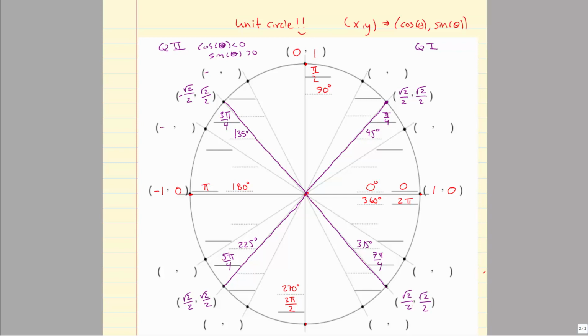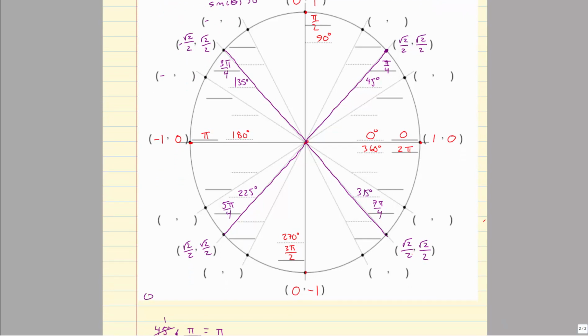Now down here in quadrant 3, the cosine of theta is negative and the sine of theta is negative. They're both negative. So I could mark all of these cosines negative and all of these sines negative. Over here in quadrant 4, cosine of theta is positive and the sine of theta is negative. So all these cosines are going to be positive, the sines are negative, so I could run through and put in those negative signs. If you wanted to, you could do it that way. There's many different ways that you could build this.